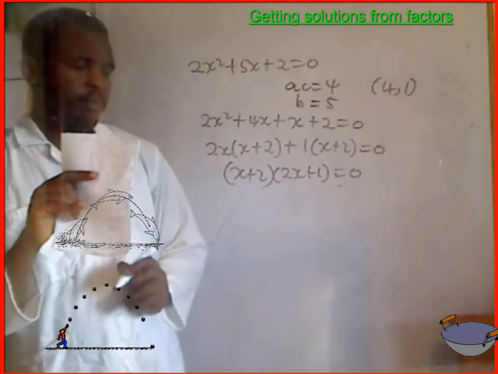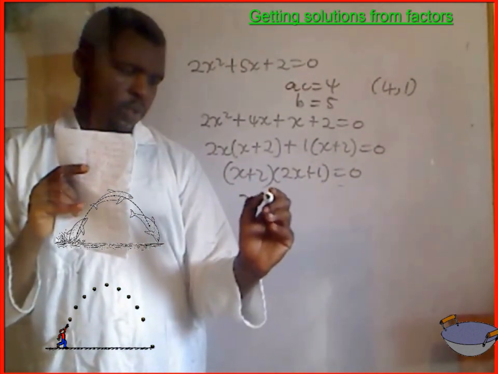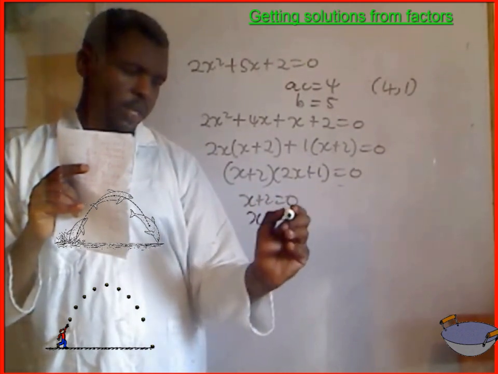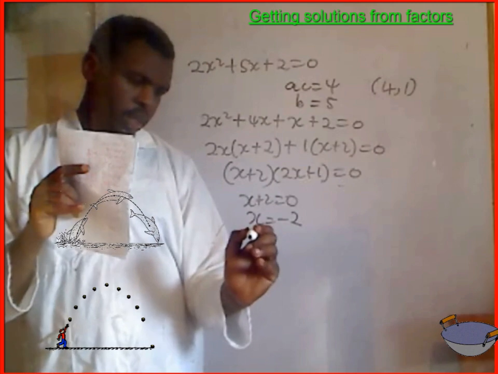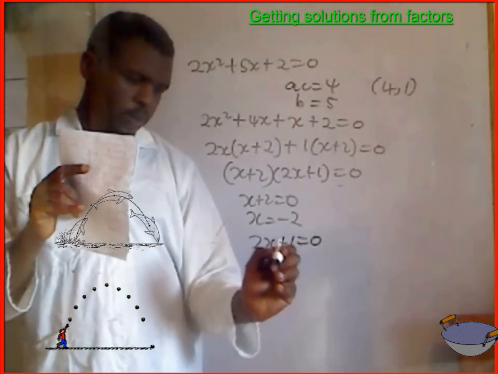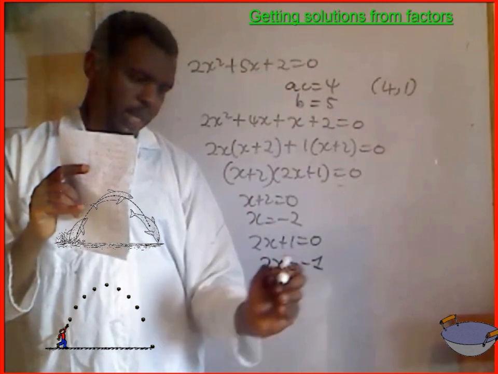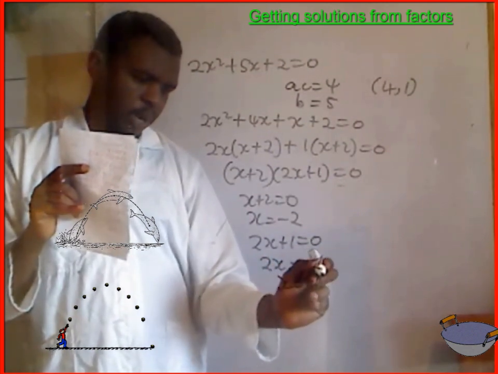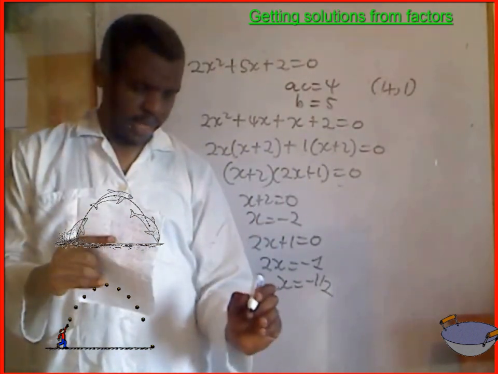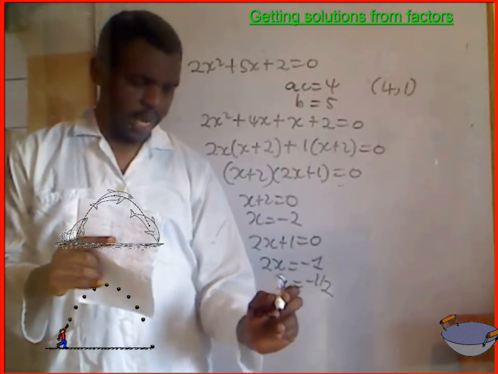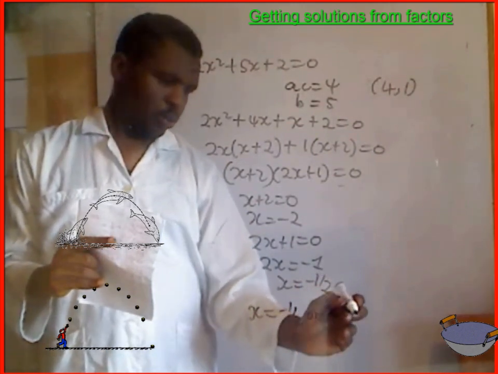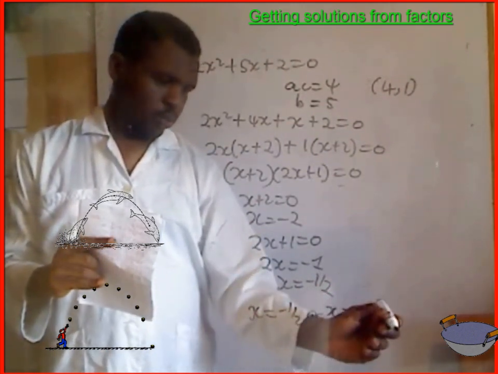At one time, it is x plus 2 that is equal to 0, so here x will be equal to minus 2, or it could be 2x plus 1 that is equal to 0. So I have 2x is equal to minus 1, x is equal to minus 1 all over 2. So the values of x here are, x is either minus half or x is equal to minus 2.